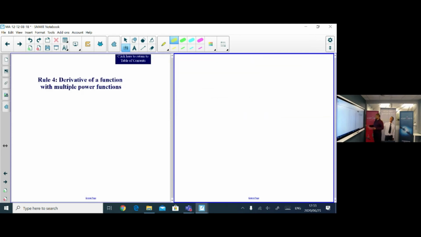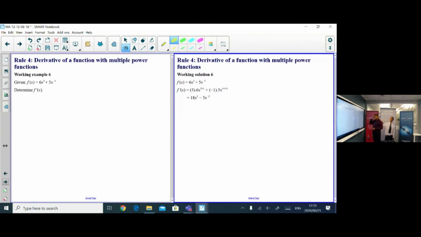So let's look at an example so that we put this into real life. So if you have an expression with two power functions like 6x cubed plus 5x to the exponent minus the first derivative in this case would be, so that is our situation.